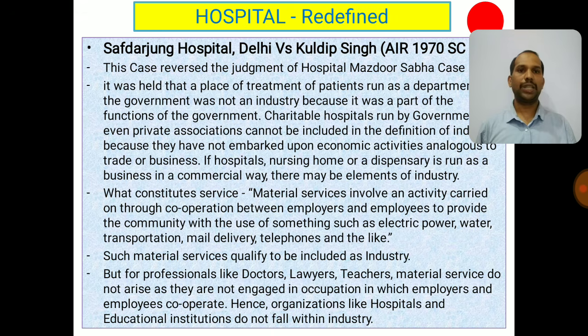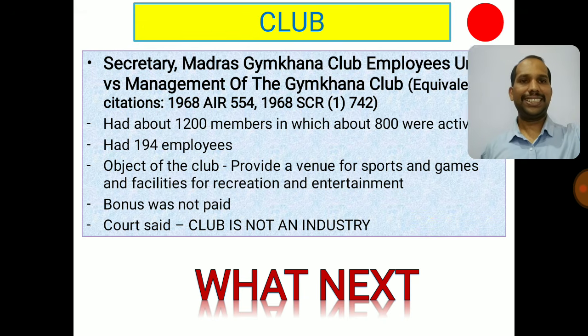Hence, organizations like hospitals and educational institutions do not fall within the definition of industry. So, educational institution is not an industry now. Earlier it was said in the Mazdoor Sabha case that hospitals are industry, but here they said hospitals are no more industry. So we are at 1970.